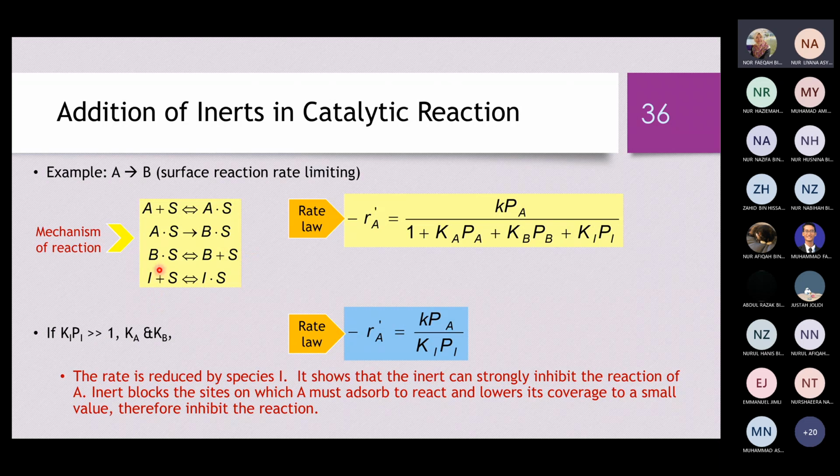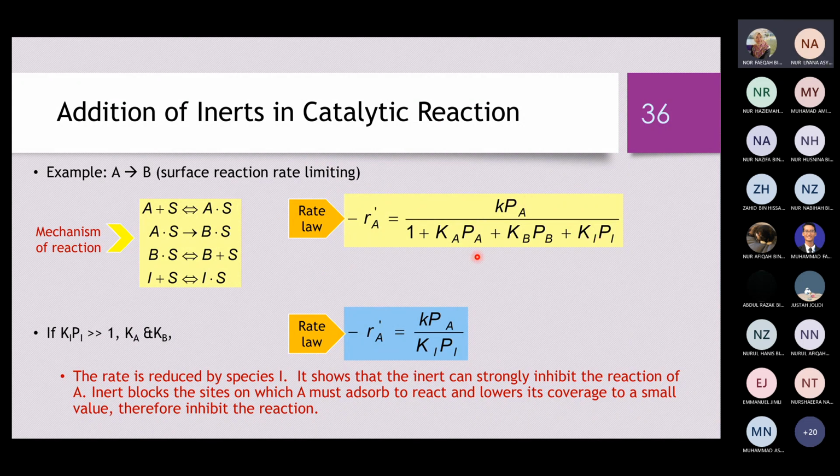And there is another step of reaction. So if we look at the mechanism here, where the inert I plus S, we know that this is the adsorption step of inerts, but we know that inerts are not involved in the reaction. Okay, then we know that the surface reaction is rate limiting. Automatically, we can predict the overall rate as this equation.